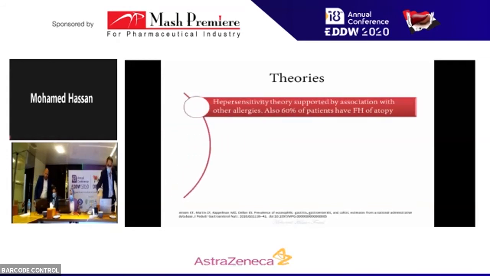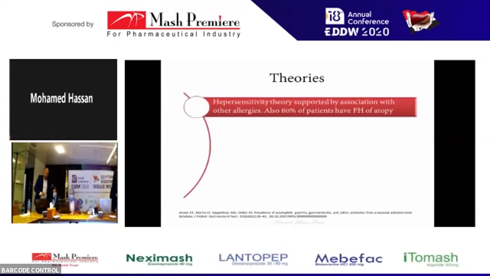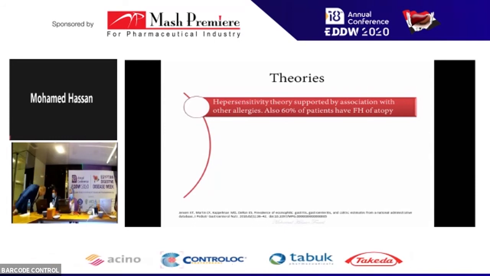We have multiple theories for eosinophilic gastroenteritis. This includes the hypersensitivity theory that is supported by the association with other types of allergies. Also, 60% of the participants may have family history of atopy.